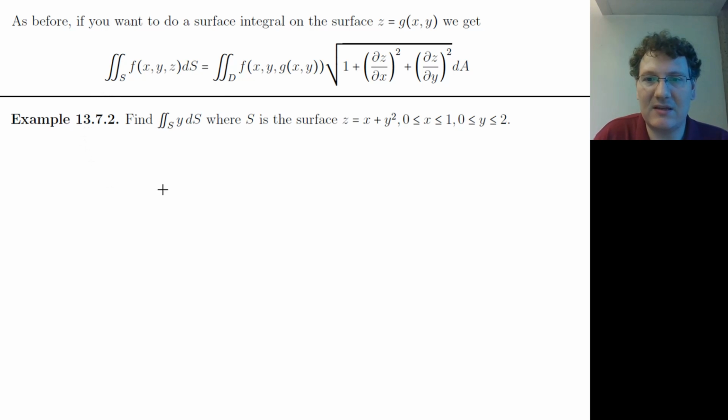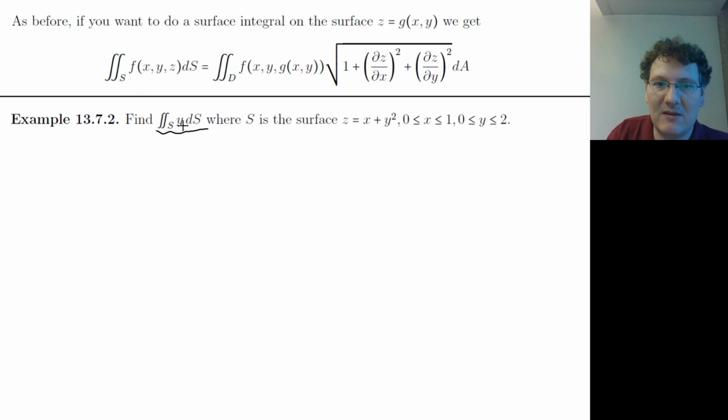So let's take a look at this, where this surface integral over this region, the surface is z equals x plus y squared, where x is going from 0 to 1 and y is going from 0 to 2. So we don't need to change this into a parameterization of u and v, because x and y are fine for our two parameters.